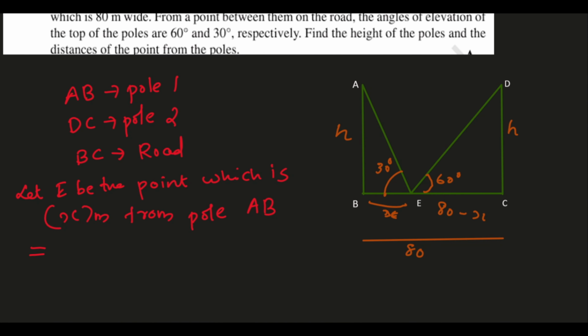That is, this implies that BE is equal to x meter. BC is equal to 80 meter, which is the width of the road.